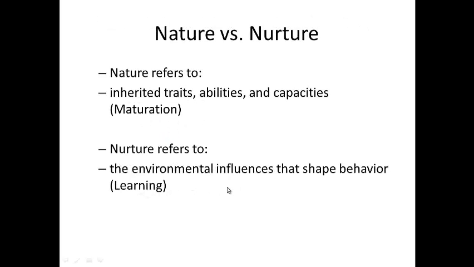Now, one of the greatest controversies in psychology is the nature versus nurture controversy. We have touched on this already previously in the semester, specifically in chapter 1, I believe.